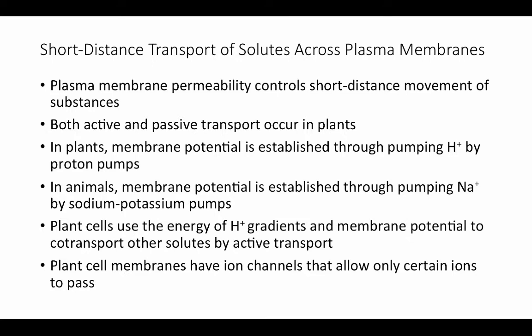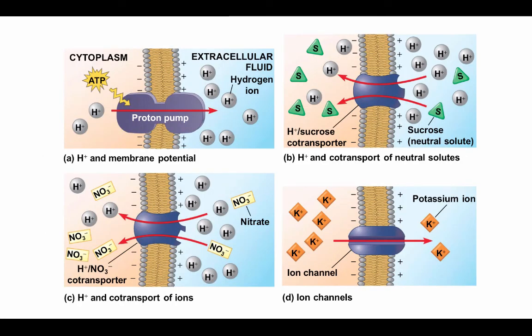Plant cell membranes also have ion channels that allow only certain ions to pass as needed. So here's a diagram of these different kinds of mechanisms. Here we see a proton pump that's actively pumping protons from the cytoplasm into the extracellular fluid using ATP for every single proton that's being pumped out.